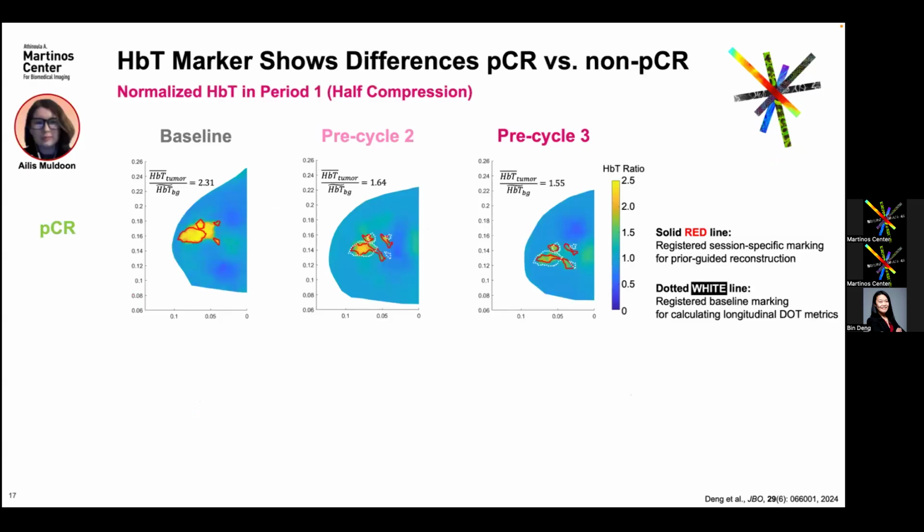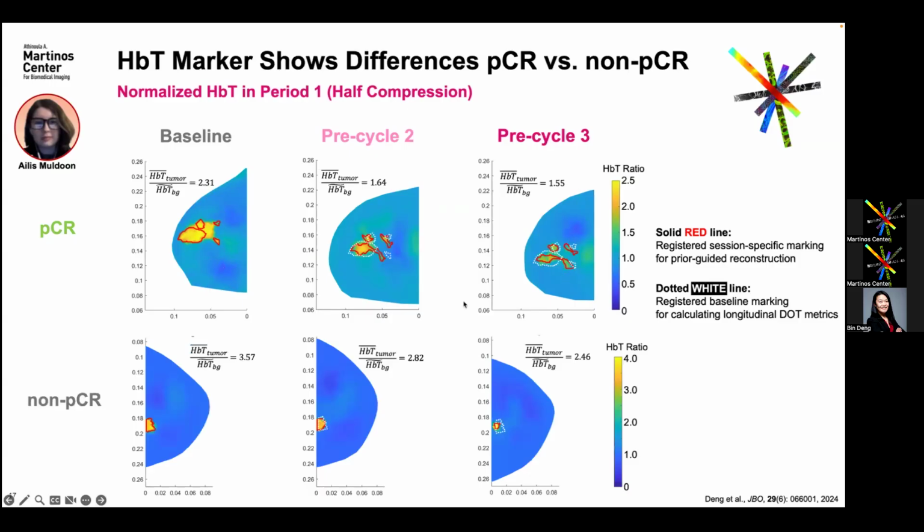Before we get into the group analysis result, here is a sample case. This is a woman who achieved PCR eventually. You can see that at baseline, the normalized hemoglobin ratio, which is the value within the breast lesion divided by the one outside, is over 2, and over time it decreased and is not significantly higher than the surrounding tissue, although the size did shrink over time.